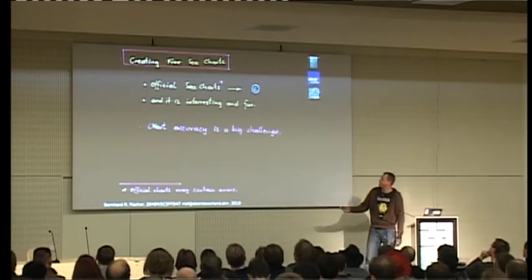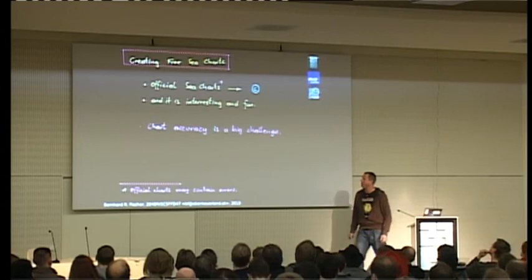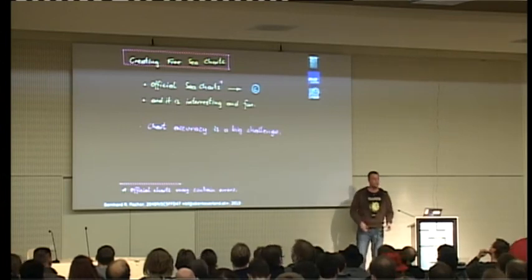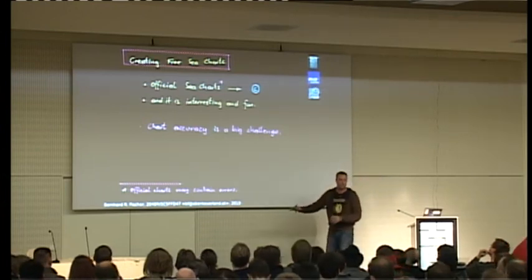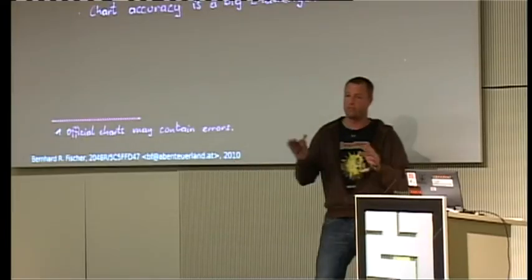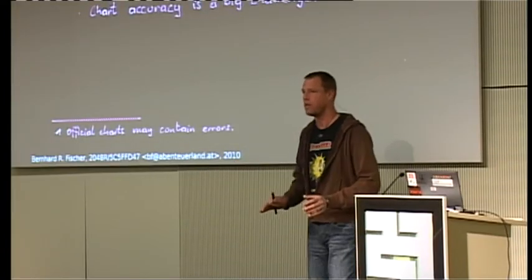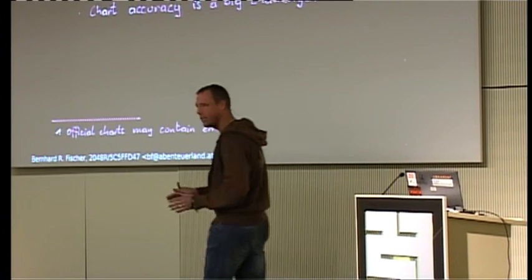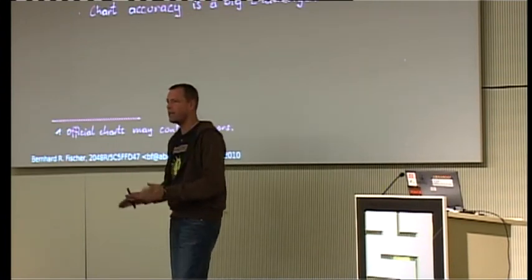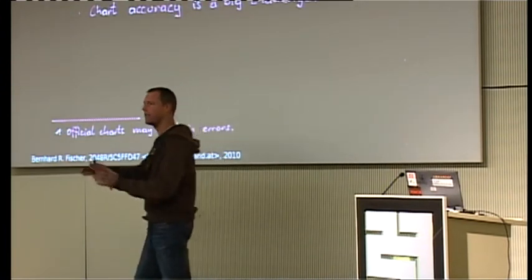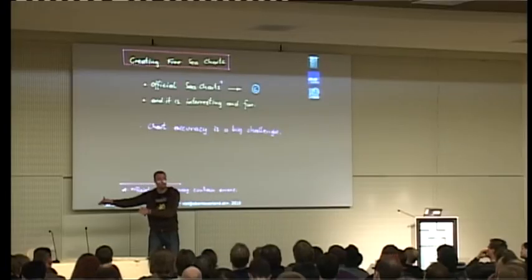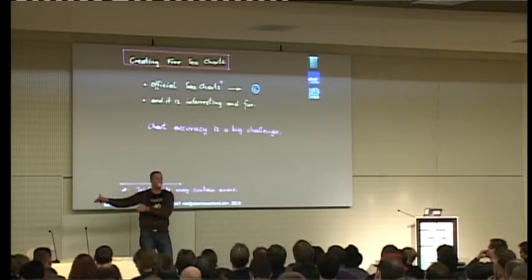And as I told you, chart accuracy is a really big challenge because of those different reference systems and because it's extremely important for vessels. For cars, it's actually not that important if the road is here or if it is, let's say, 50 meters on the other side.